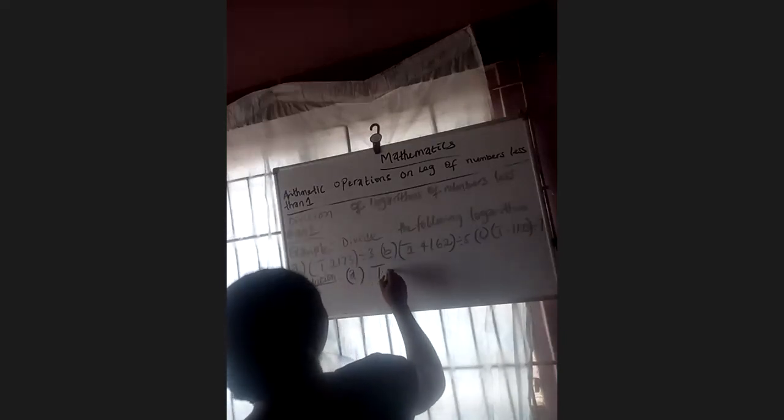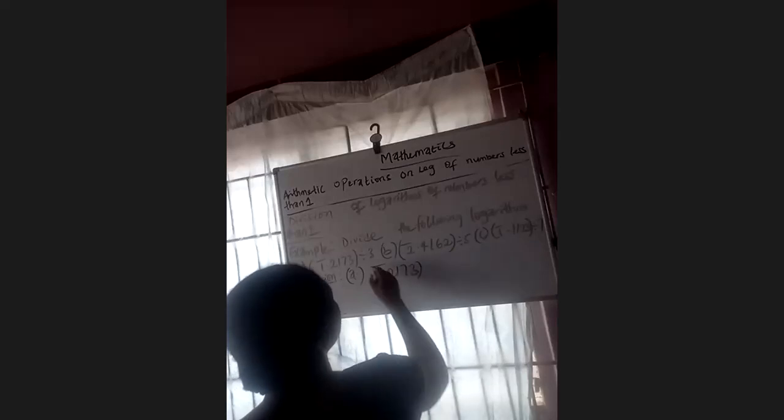The first one, we have bar 1.2173 divided by 3. Now, when it comes to division of logarithms of numbers less than 1, we don't divide directly.